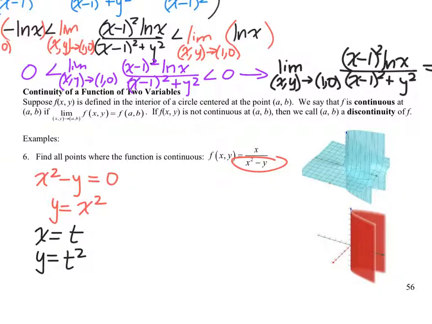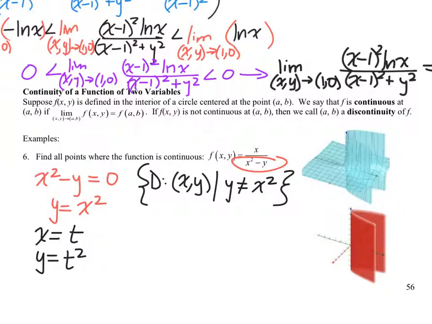Now, any relationship here where y is equal to x squared is not going to be continuous. So I can actually make the statement for the domain that it's xy such that y cannot be equal to x squared, which would imply that everything else would give us locations in which the function is continuous.